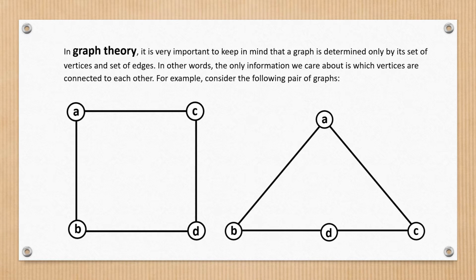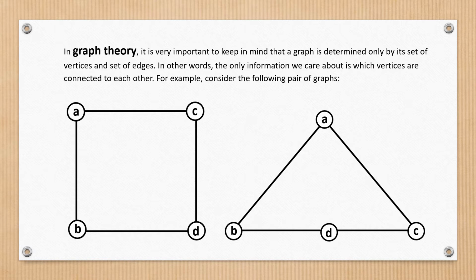Now, in graph theory, it is important that a graph is determined only by its set of vertices and set of edges. We do not care about the shape. For example, we have these two graphs here.